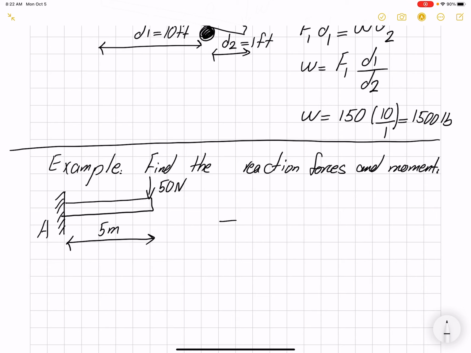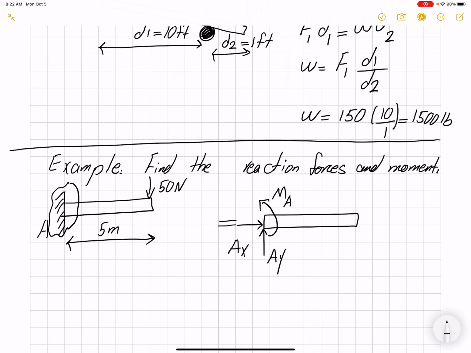The first step is to draw the free body diagram. In this free body diagram, we have to remove all the supports. Here we have a clamp. A clamp doesn't allow our beam to move in the X or Y direction or have any rotation. So we are going to have a reaction in Y, a reaction in X, and the moment at A. There is a separate video about how to find the reaction forces for different supports.